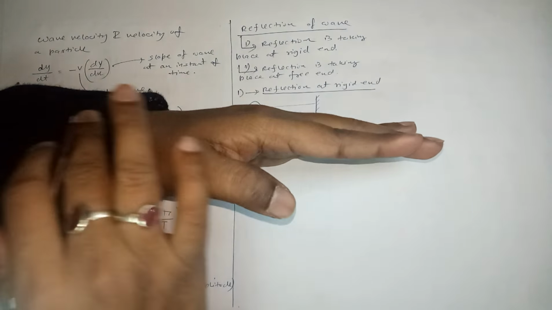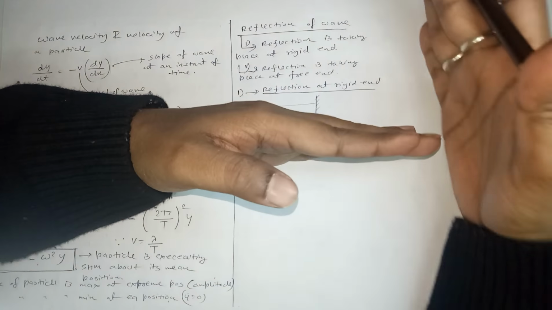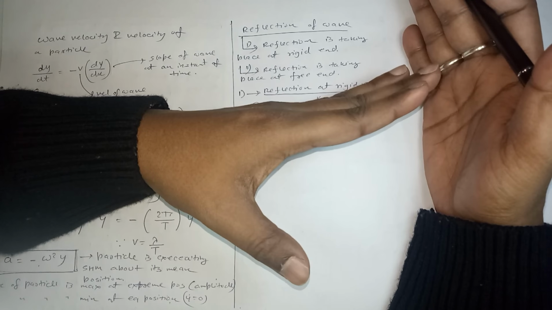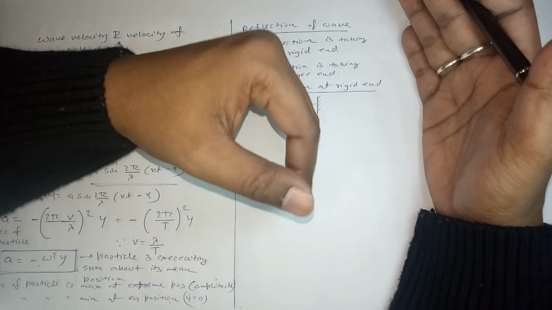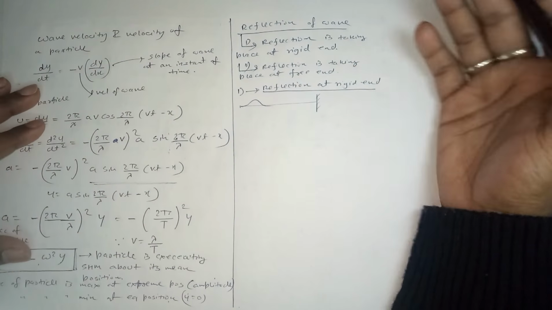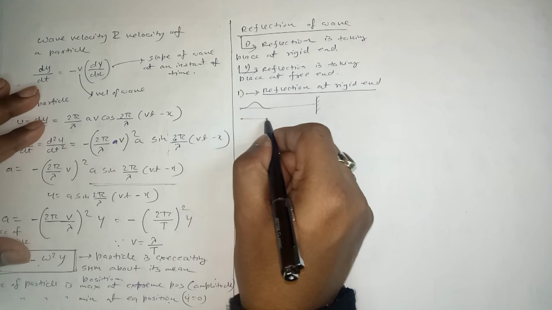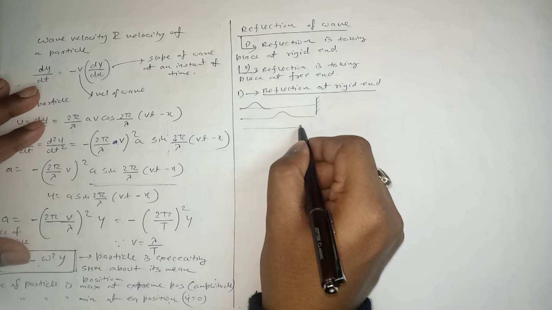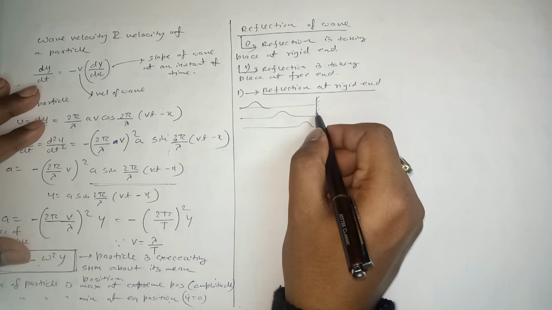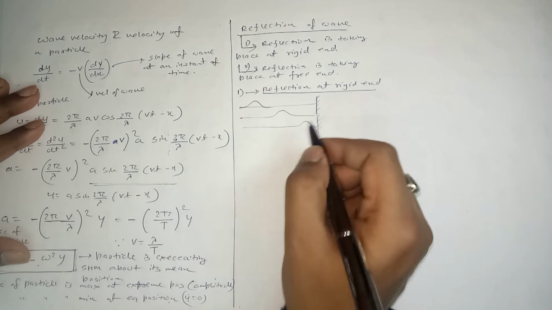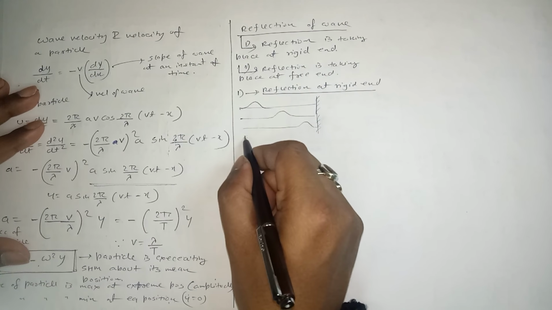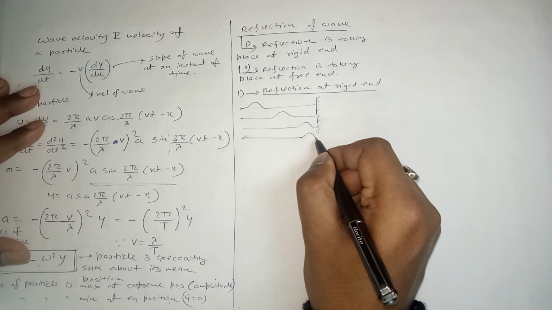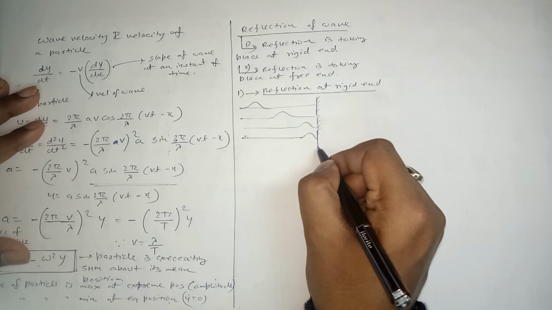Suppose my hand is at this end of the string and this part is attached to the wall, so a wave pulse will move like this, and then it will go forward. As the wave pulse travels forward, it gets closer and closer to the wall until it actually reaches the wall.